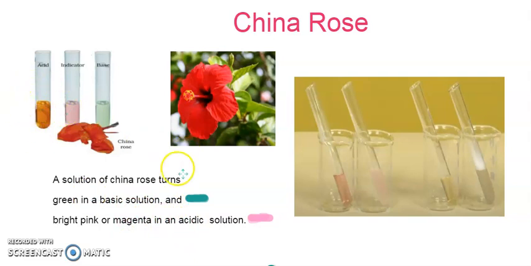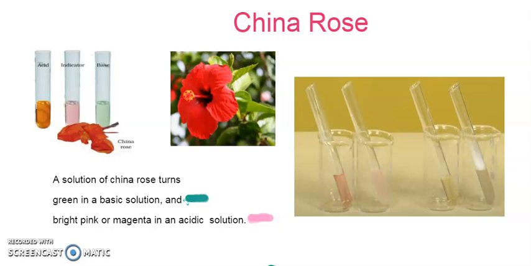So the China rose can be used in detecting whether a given substance is acidic or basic. These are some of the natural indicators that can be used to detect whether a substance is acidic or basic.